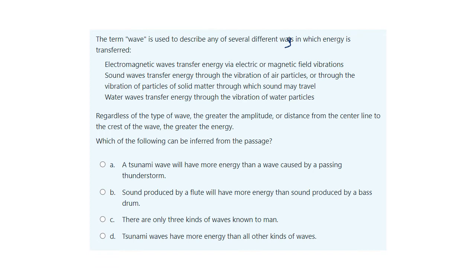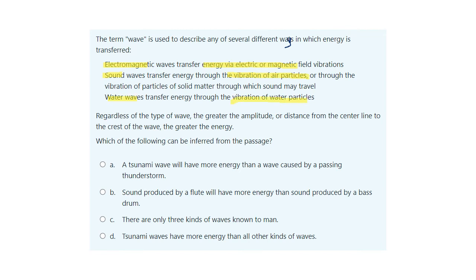Water waves transfer energy through the vibration of water particles. So we have three different types. We have the electromagnetic waves, transfer energy via electric or magnetic field vibrations, sound waves through the vibration of air particles, water waves through the vibration of water particles.